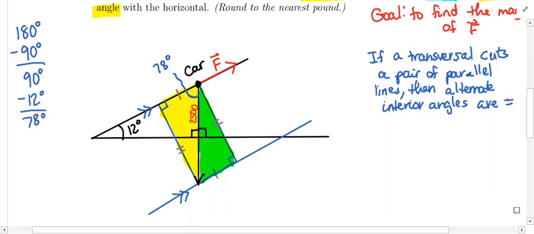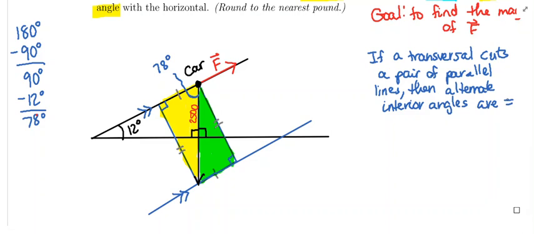Hopefully you remember that from high school geometry. If not, you're refreshing your memory. If a transversal cuts a pair of parallel lines, then alternate interior angles are equal.